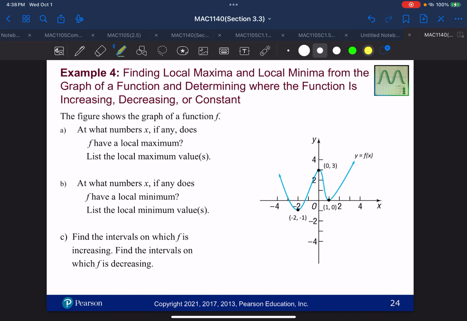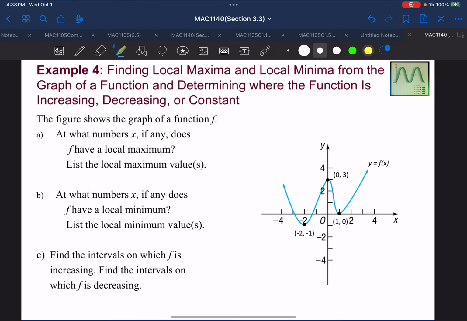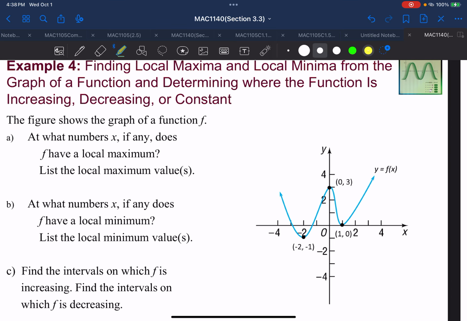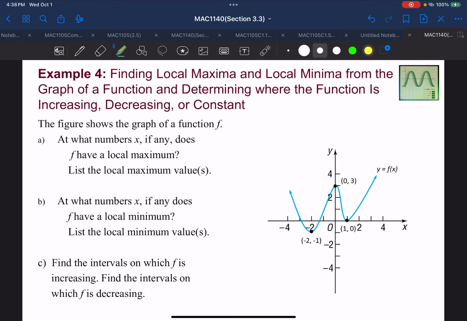Okay. So for example, this slide gives us a picture of a graph, and it's going to ask us at what x values, if any, does f have a local maximum, and then it wants us to list the local maximum values. So when it's talking about in the interval, we're talking about the inside of the endpoints.